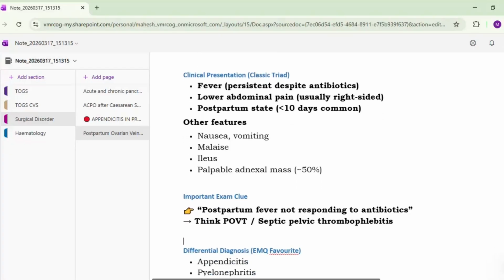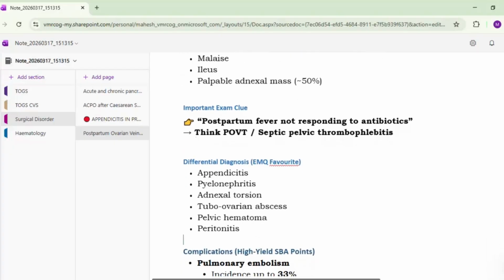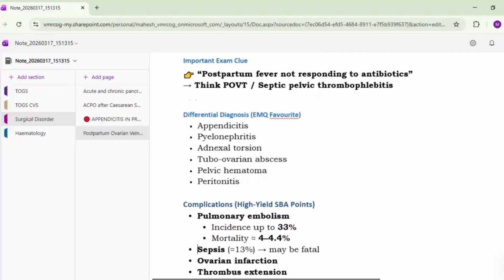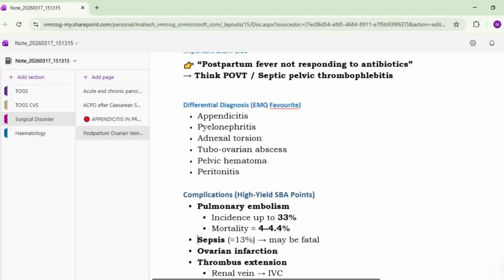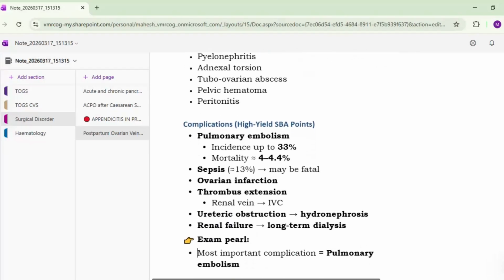There will be other features such as nausea, vomiting, malaise, ileus, and a palpable adnexal mass seen in around 50% of cases. So postpartum fever not responding to antibiotics, think of POVT, septic pelvic vein thrombosis, thrombophlebitis. Differential diagnosis will be appendicitis, pyelonephritis, adnexal torsion, tubo-ovarian abscess, pelvic hematoma, peritonitis, etc.